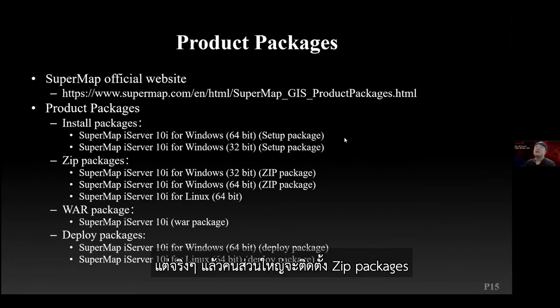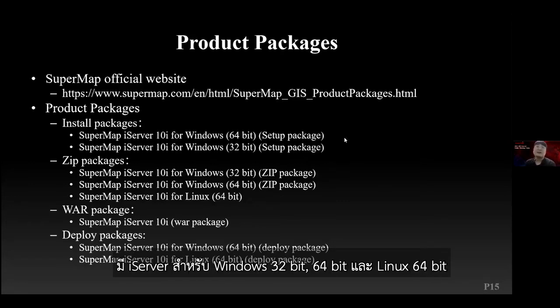the license driver will be installed automatically. But actually, the most commonly used package is the zip package. We just need to download it and unzip it, then we can use it directly. There is iServer for Windows 32 bit, 64 bit, or for Linux 64 bit.